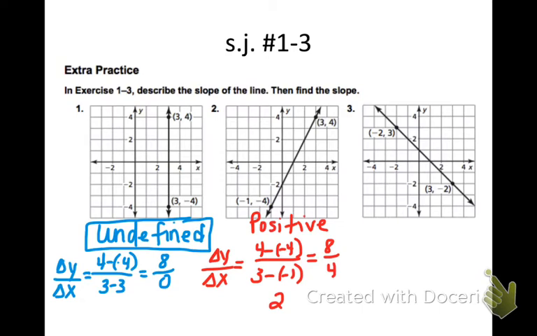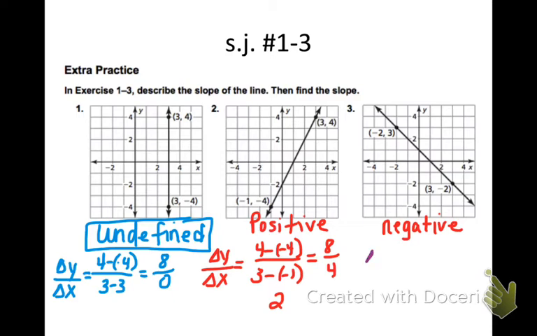When I look at 3, I could describe it as a negative slope. Because it's falling from left to right, the value I get will be a negative value. So I'll change colors here again.